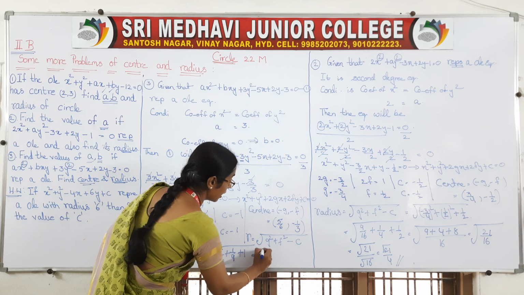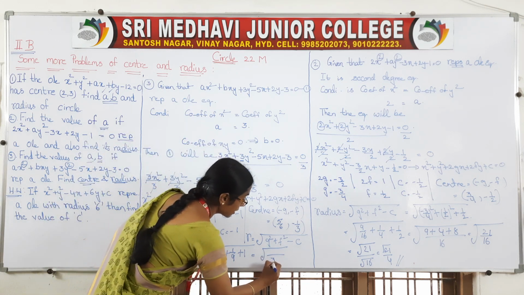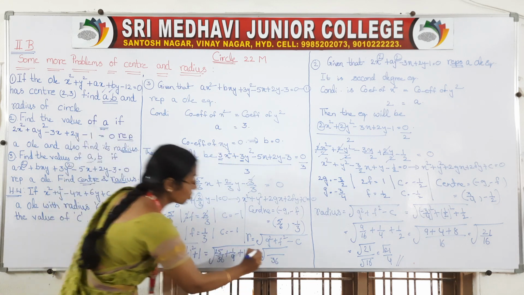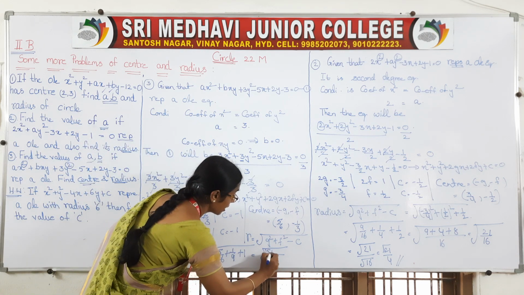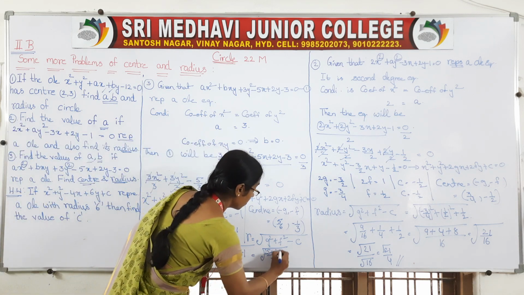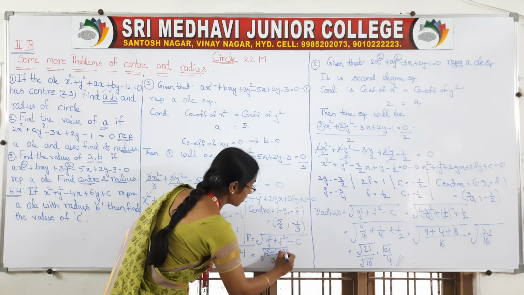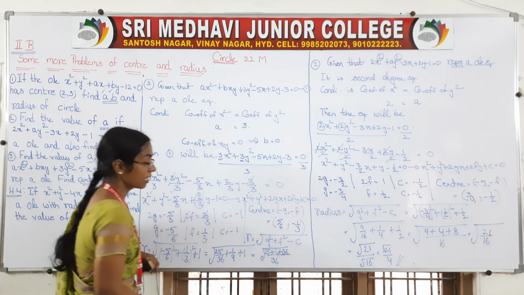Take the LCM for this. 36 is the LCM. So it is 25 plus 9 fours are 36, I mean 4, plus 36.